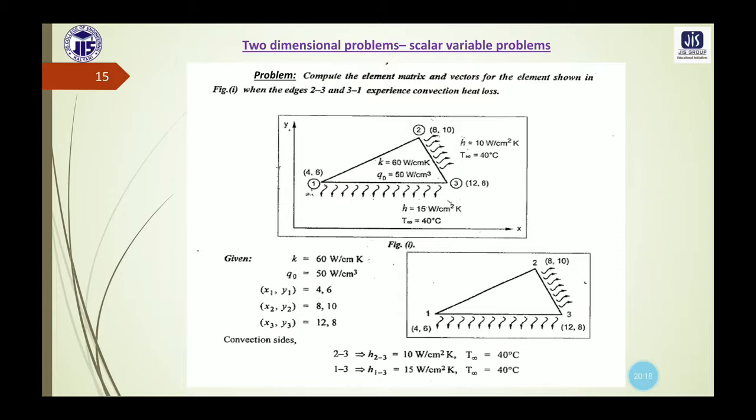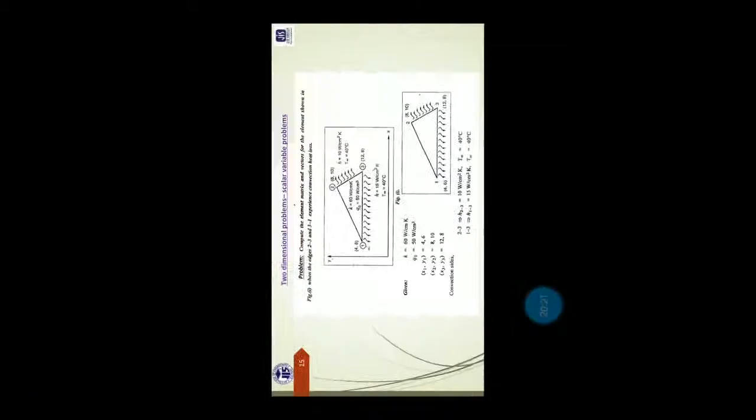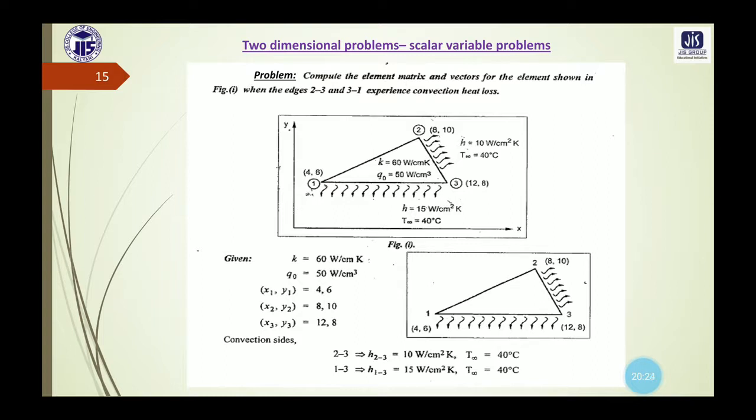In this diagram we can see one triangular element, and the coordinates for its three nodes are given. Then the convective heat transfer coefficient value is given, and T alpha, the temperature, is given as 40 degrees centigrade for the two sides, side 2 3 and side 1 3 of this triangle. The values of H and T are given.